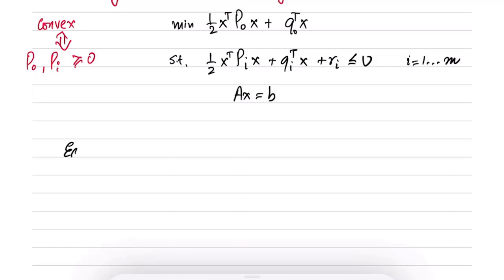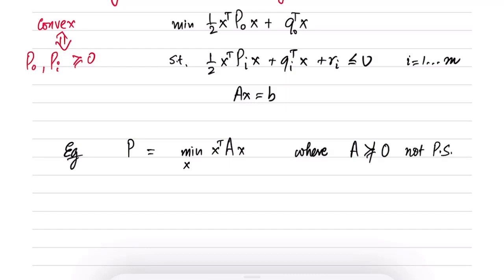So let's consider an example, where p* is equal to the minimum over x of x transpose Ax, where A is not necessarily PSD, so it is not positive semi-definite. What can we say about the solution of this problem?